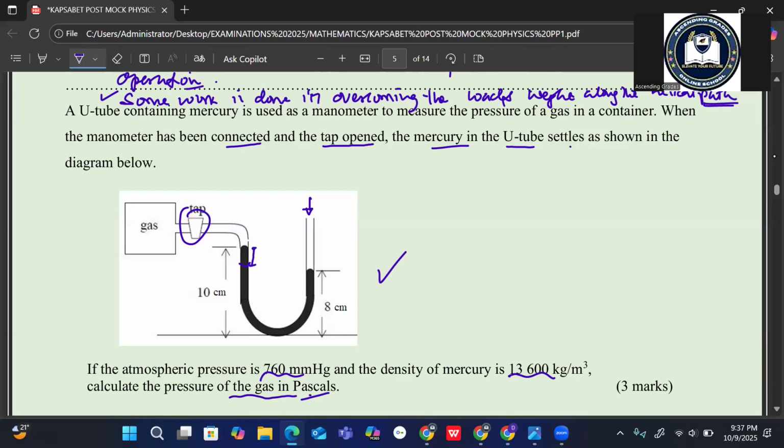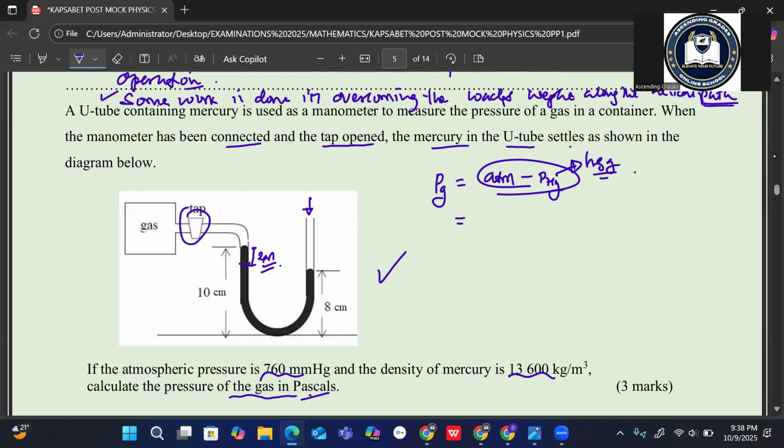We have a smaller height column that is acting against the pressure, which will be 2 meters of the mercury column. So the pressure of the gas here will be given by atmospheric pressure minus pressure due to the mercury column, which will be given by h rho g.